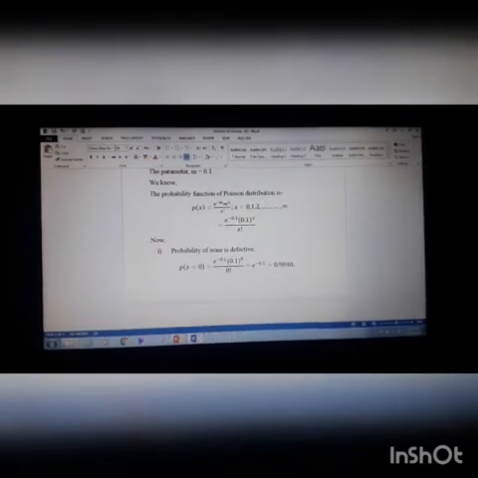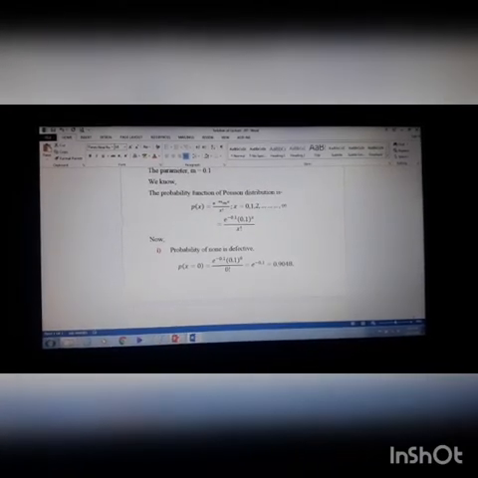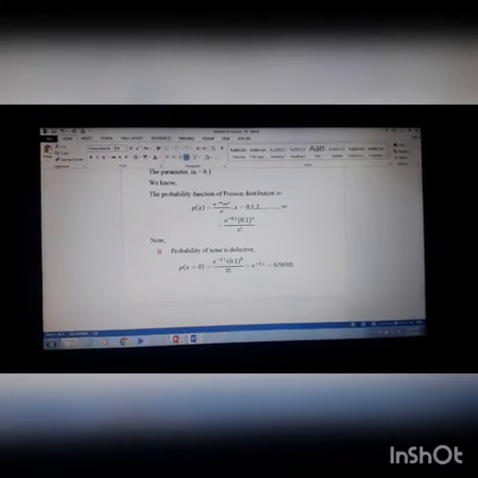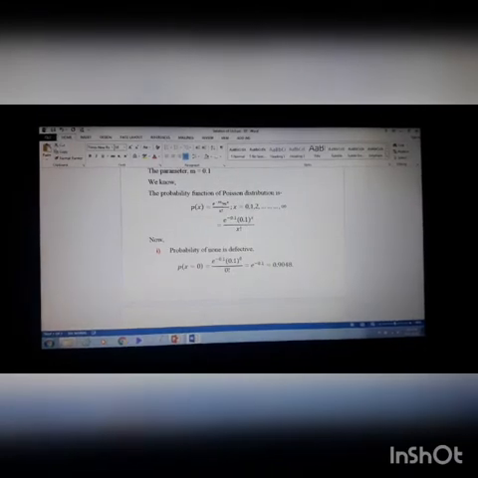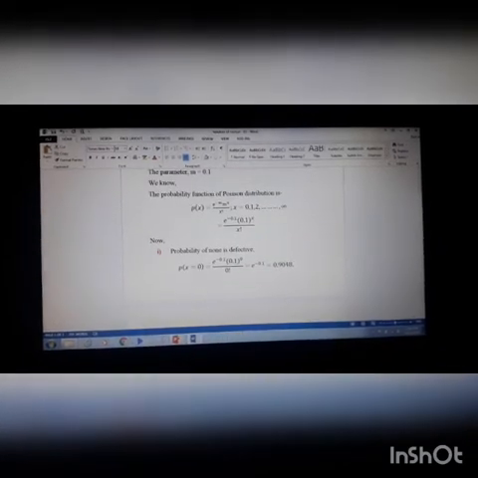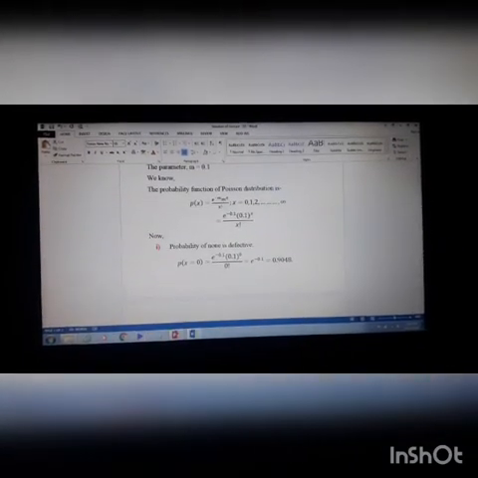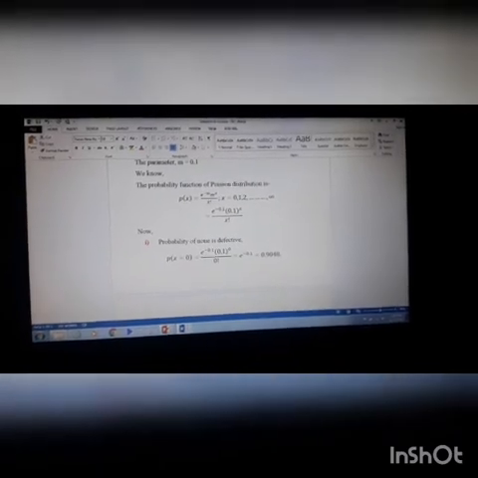We know 0 factorial equals 1 and 0.1 to the power 0, that means something to the power 0, equals 1. So e to the power minus 0.1 into 1 divided by 1 equals nothing but e to the power minus 0.1. Now using the scientific calculator, we get the value of e to the power minus 0.1 is 0.9048, which is the required probability of no defective items. That is, number 1 is solved.